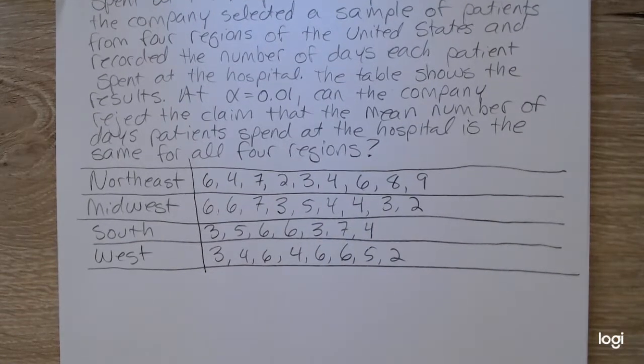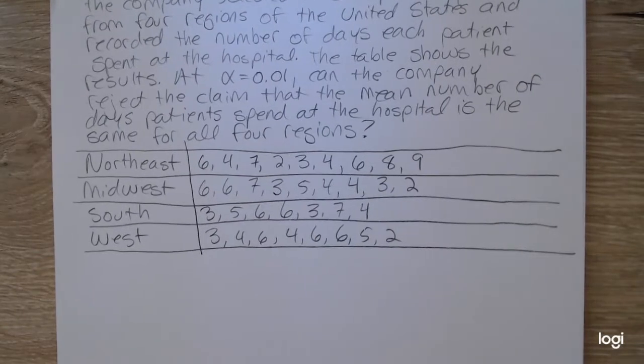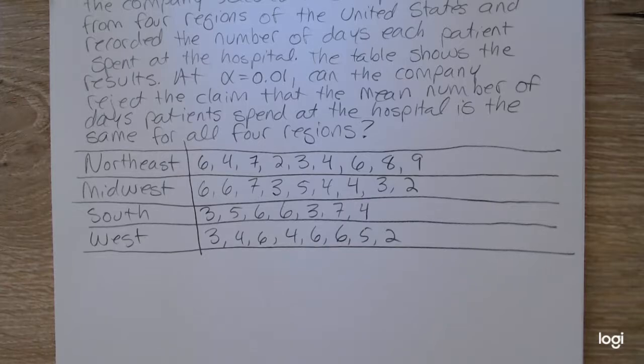Okay, so to get the pieces we need for this analysis of variance, I'm going to use the calculator, the TI-84, because the calculations for the test statistic, which follows the F distribution, are really cumbersome to do by hand. First, we need to set up the null and the alternative. And the claim is that the mean number of days is the same for all 4 regions.